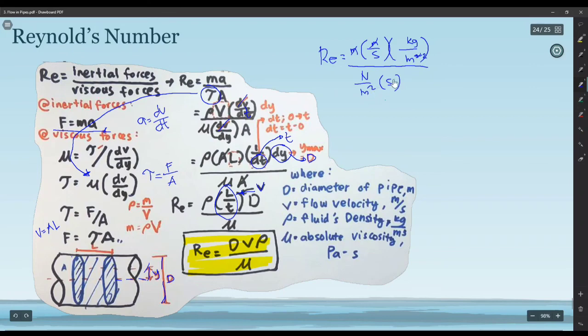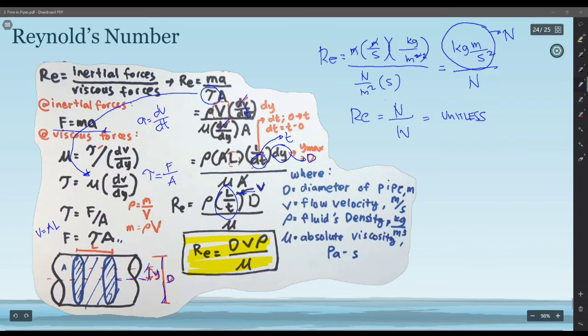And then ito, mababawasan ng isa, so tataas. Or in short, ang ating magiging equation is kilogram meter per second squared over Newton. And alam naman natin na ito is equals lang din siya sa Newton. So the Reynolds number is in Newton per Newton, or again, this is a unitless.